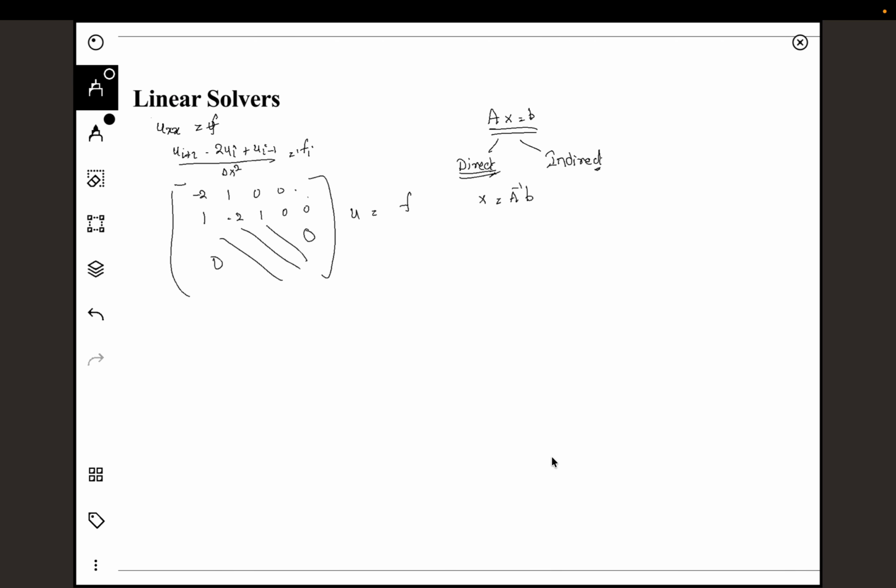One such algorithm is TDMA, which we discussed extensively. The idea in the TDMA algorithm is that you are expecting the matrix A to have a certain kind of structure. TDMA stands for tridiagonal matrix algorithm. So you are expecting your matrix to have a tridiagonal nature. It means you have all the diagonal elements plus one off-diagonal on each side, and everything else is zero.